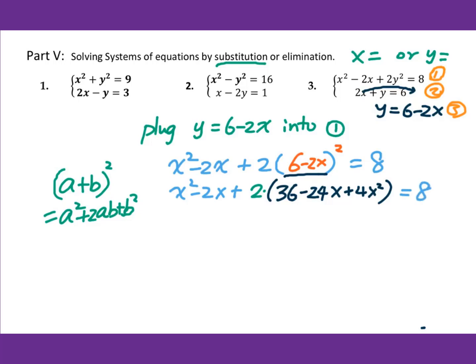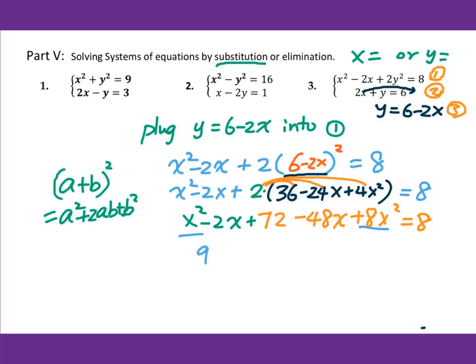We have to do the distributive property this time. We get 72 minus 48x plus 8x squared equals 8. Bring this down, that is x squared minus 2x. Then you combine like terms. You will get 9x squared minus 50x, then plus 72 equals 8.